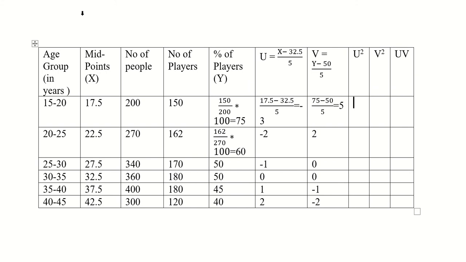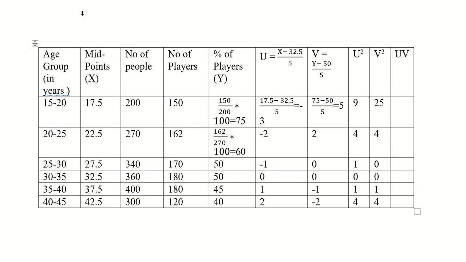Okay, so u square is: minus 3 into minus 3 is 9, then 4, 1, 0, 1 into 1 is 1, 2 twos are 4. Similarly, v square is 5 fives are 25, 2 twos are 4, 0, 0, 1 one is 1, and 2 twos are 4. This is what we have gained.